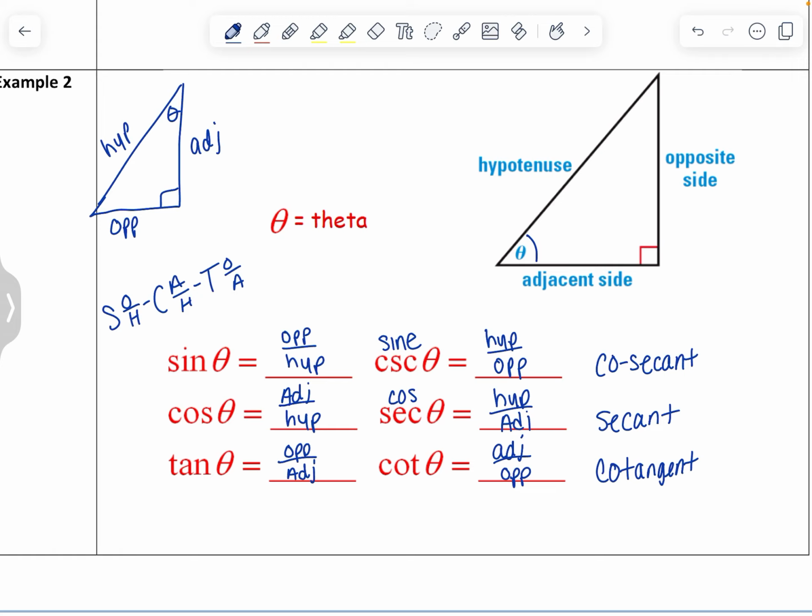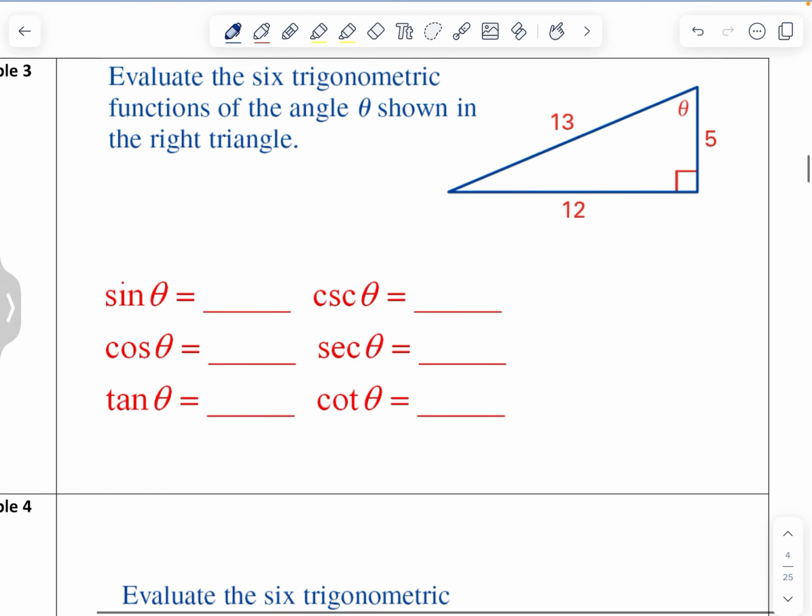Then we're going to use this to evaluate the 6 trig functions given the sides of a right triangle. Our angle is in the top right corner, so the side across from it is our opposite side. The side next to it is our adjacent side, and our longest side, also the side across from the right angle, is our hypotenuse.